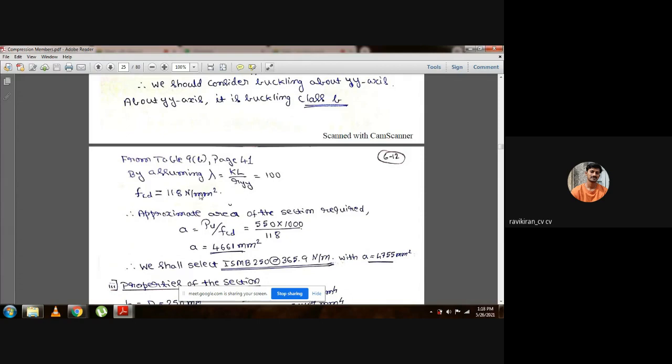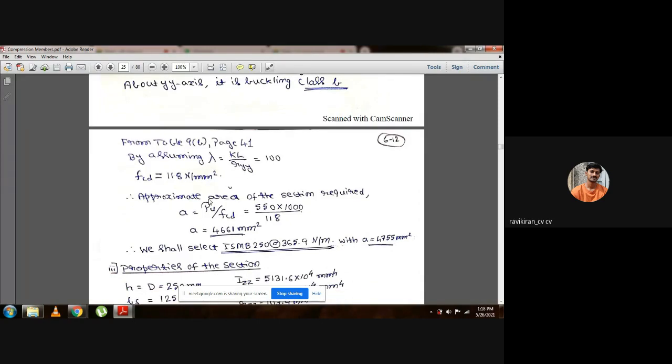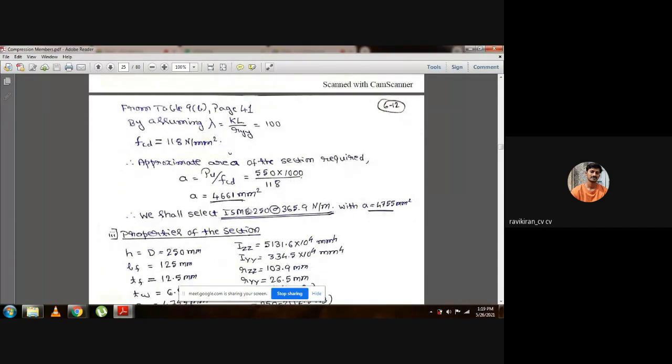So with the help of the FCD value and the load provided, we can calculate the area. The approximate area of the section required is load divided by FCD. So area is equal to 4661 mm square.